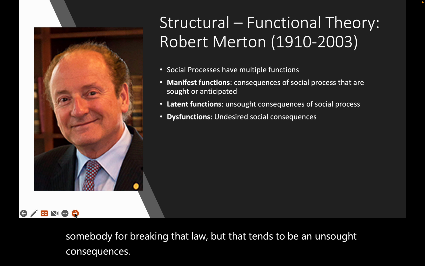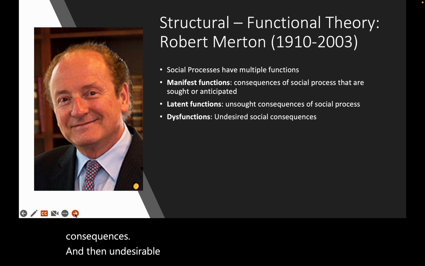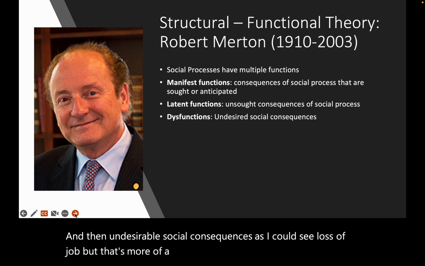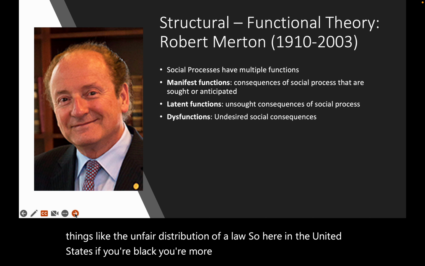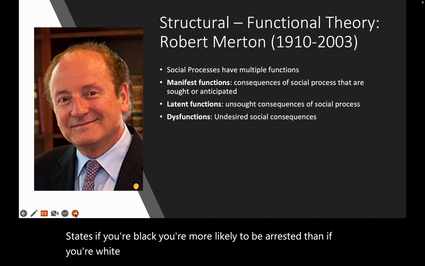And then undesirable social consequences. I could see loss of job, but that's more of a latent function. Dysfunctions are more things like the unfair distribution of a law. So here in the United States, if you're black, you're more likely to be arrested than if you're white, as an example. Those are undesirable social consequences.